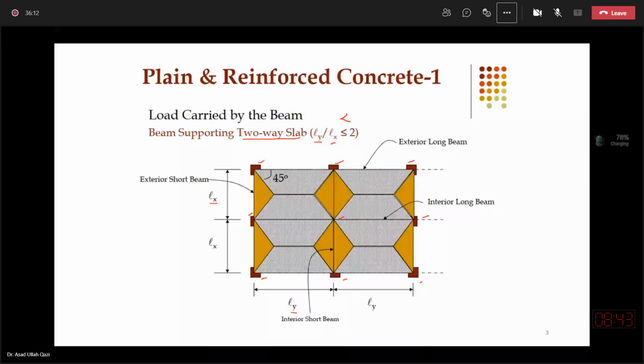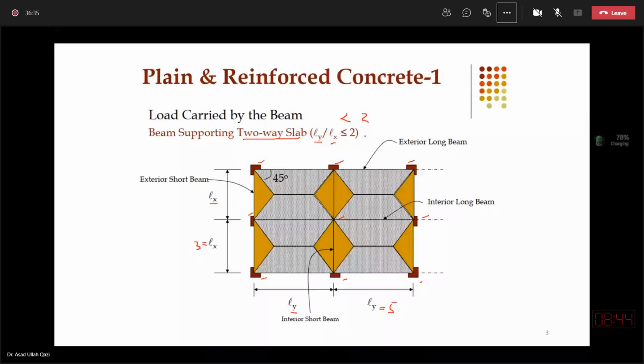Just for example, I may propose that Ly is 5 meter and Lx is 3 meter. So 5 over 3 will give you an answer less than 2. So it is a two-way slab.